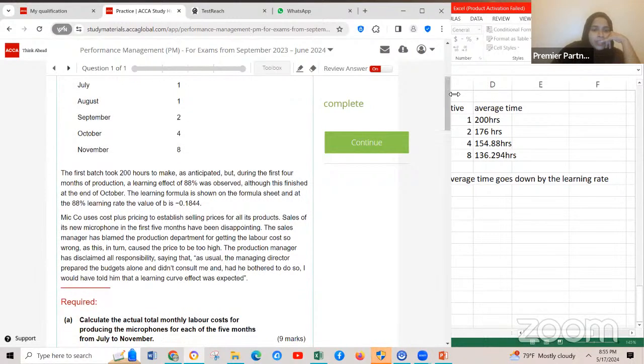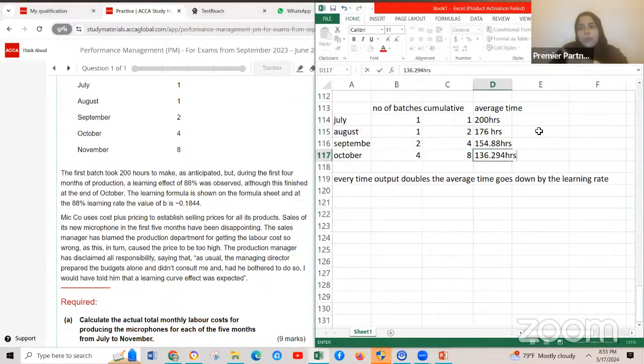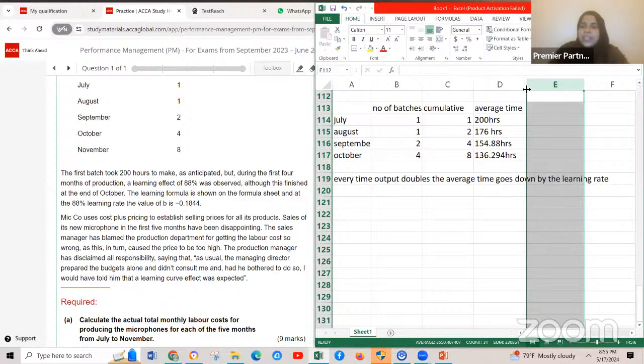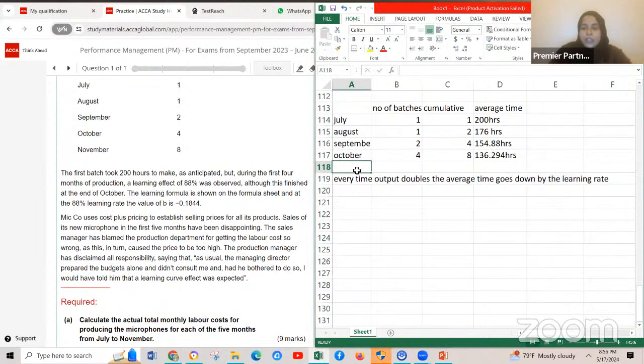November also, no? But they said the learning formula is shown on the formula sheet. What did they say here? Although this finished at the end of October, that means after October, there will not be any learning. So the average time after October will not change.